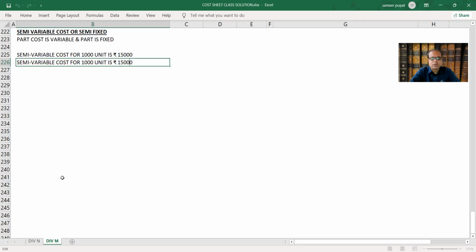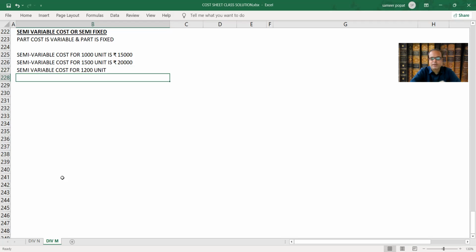Semi-variable cost for, suppose, 1500 units is rupees 20,000. Okay, so this information is given to us. And suppose we are required to find semi-variable cost for, suppose, 1200 units.